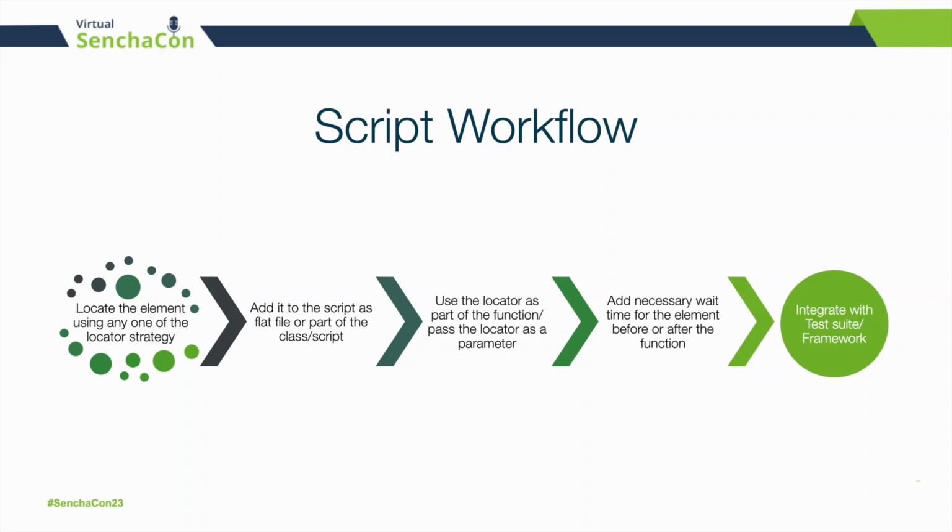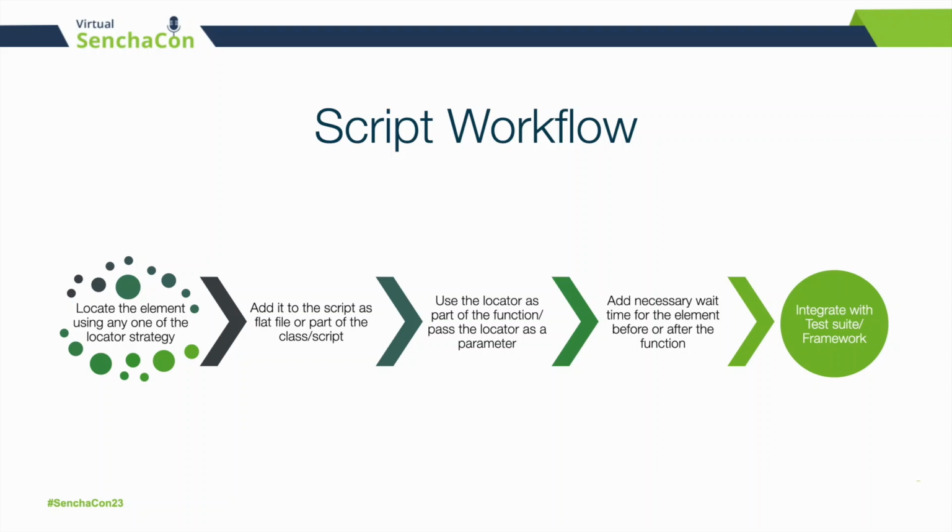Let's have a look how the test cases are scripted. First, we will identify the elements which are part of the test case, and we will locate those elements using any one of the location strategies supported by the tool. Some tools basically use class, ID, attributes.